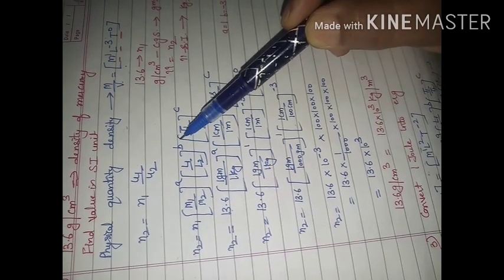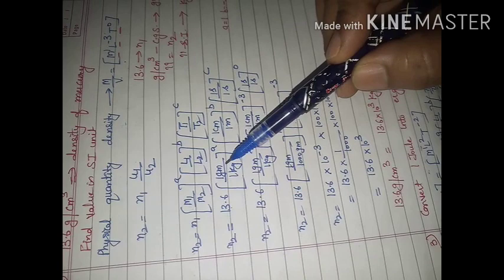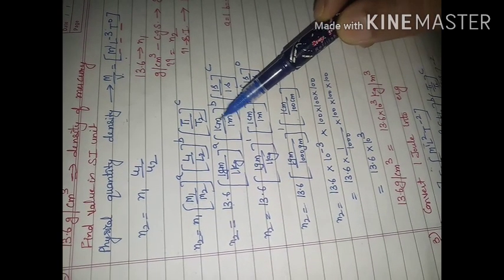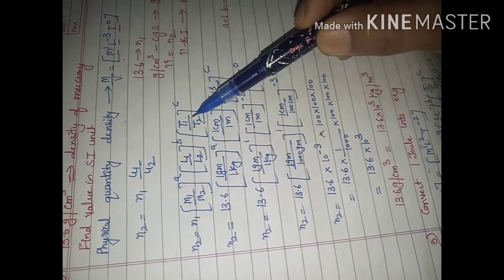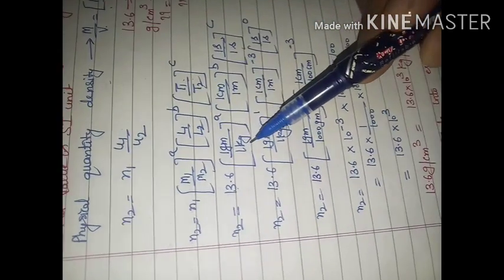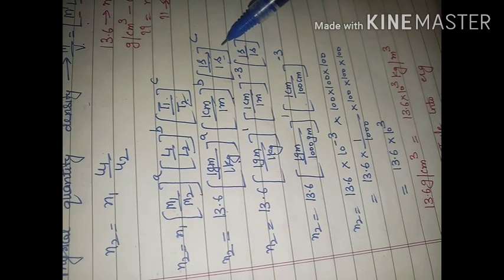Above system, given system CGS system. So unit of mass will be 1 gram, unit of length will be 1 centimeter, and unit of time will be 1 second. In denominator, SI system is asked. So unit of mass 1 kilogram, unit of length 1 meter, unit of time 1 second.